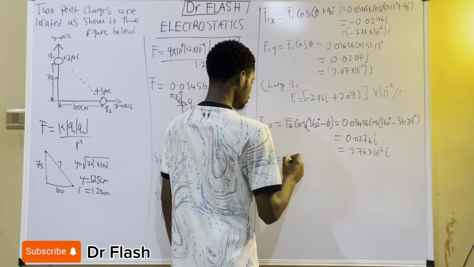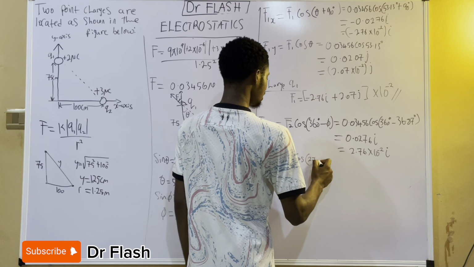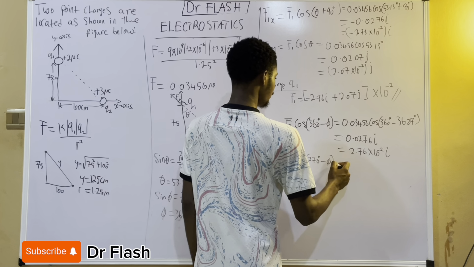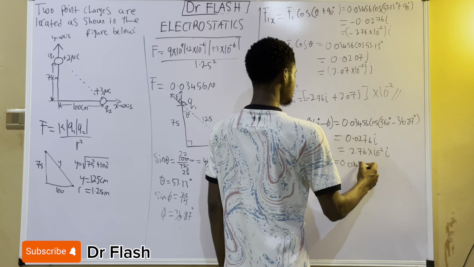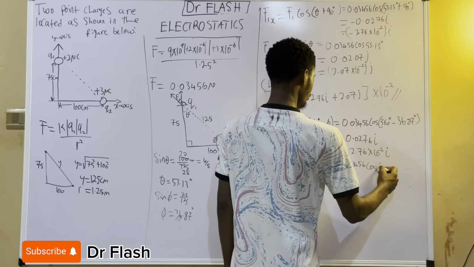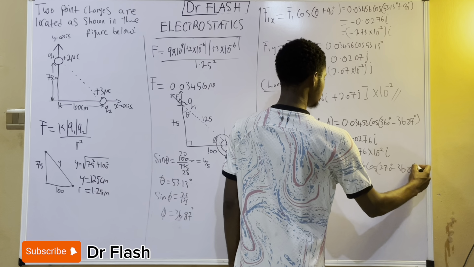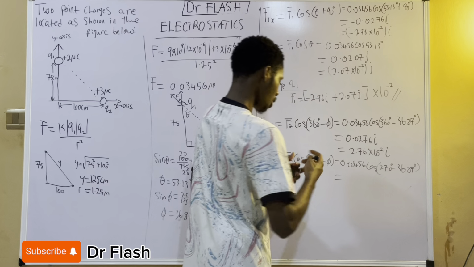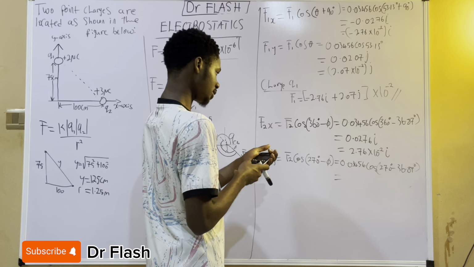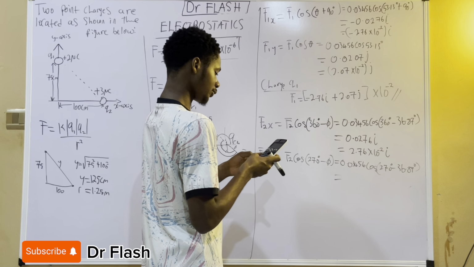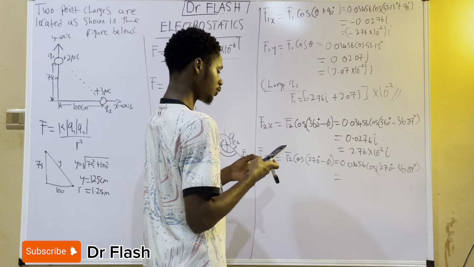So this becomes f2 cosine of 270 degrees minus phi, which is 0.03456 cosine of 270 minus 36.87 degrees.